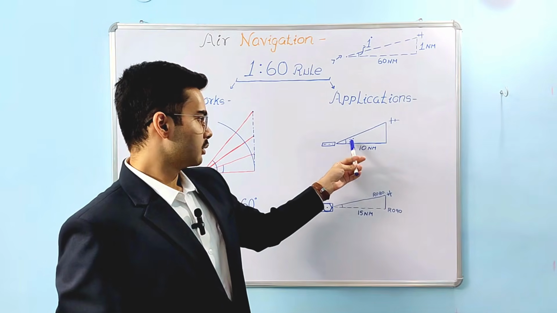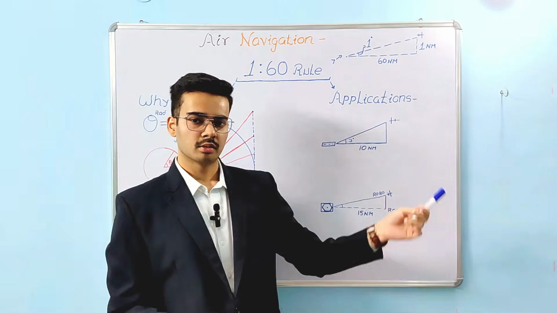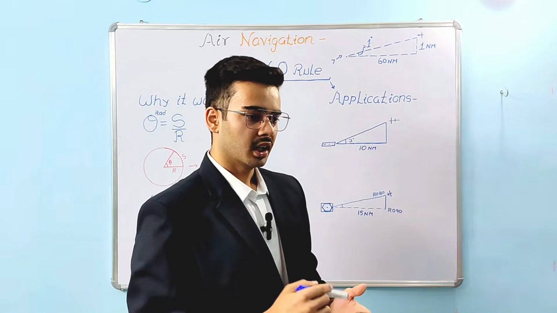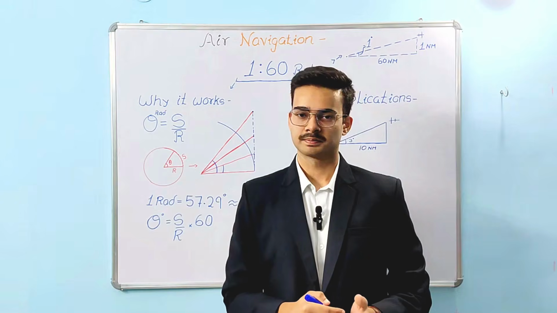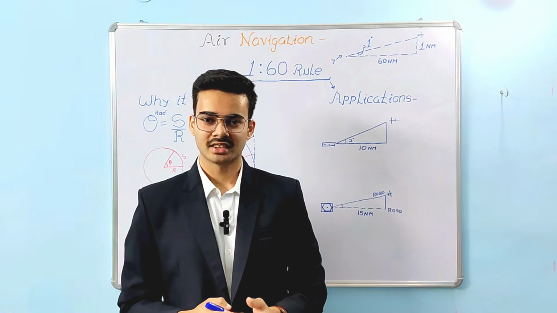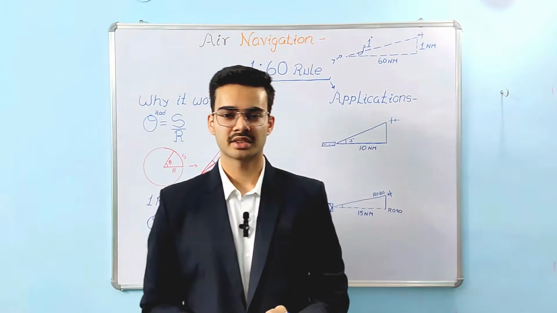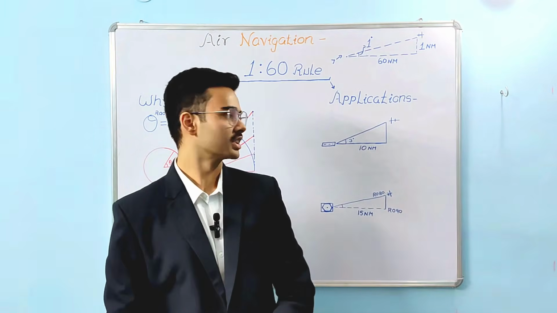So we have the 3-degree glide path angle. We are 10 nautical miles away from the runway. Our altimeter failed. Now what will we do? We need to do something now. We are pilots. So we will use this formula, theta equals S by R into 60. Let's quickly do this.